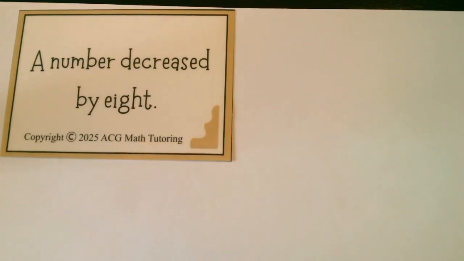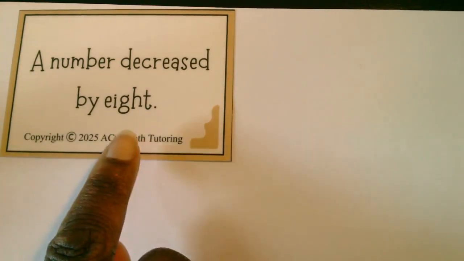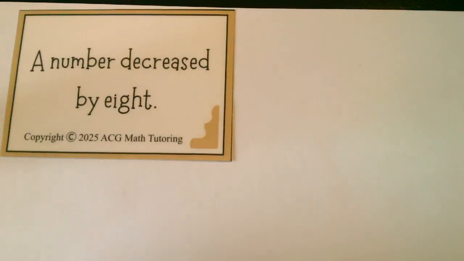Now, let's change this expression to an equation. I got 4 extenders here. Got 1, 2, 3, 4. Okay, pick one. Which one do you want? 1, 2, 3, or 4? Not hard, people. Doesn't matter.